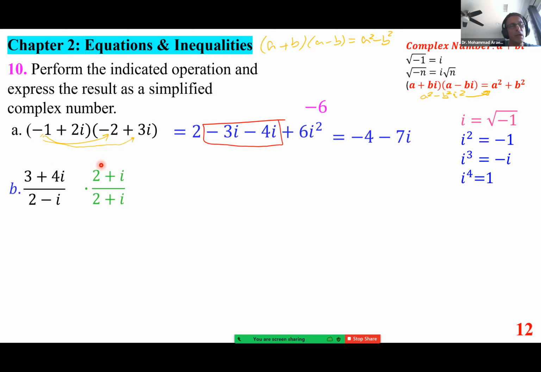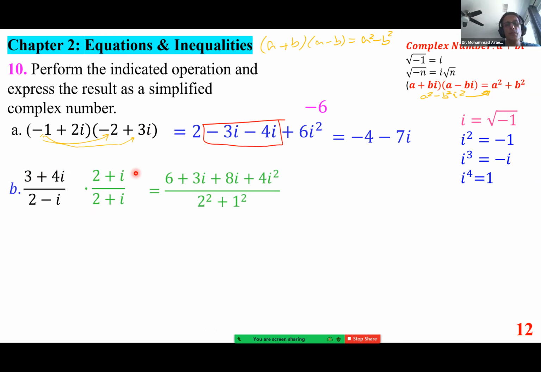The top is done simply by foiling, just like this one. The bottom also by foiling, but we know the easy way out. So the bottom is really 2 squared plus 1 squared. So using this. The top, 3 times 2 is 6, plus 3i, plus 8i, plus 4i squared. So that's what we have.